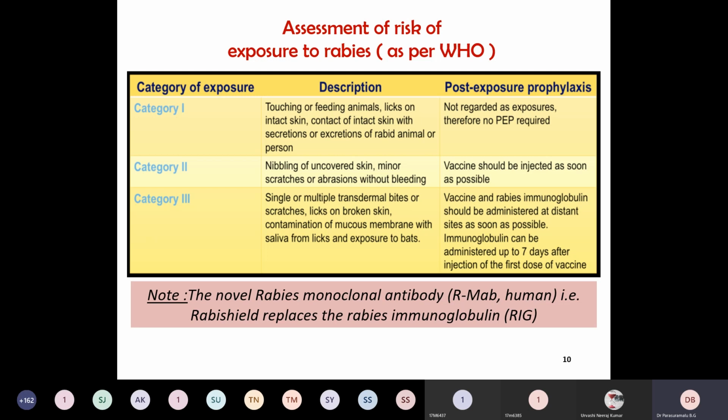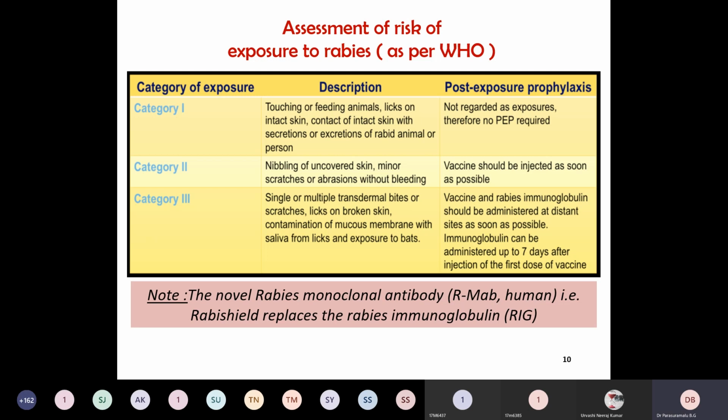It should never be given to the gluteal region. In case of children, it should be given to the anterolateral aspect of the thigh. Each vaccine should be given on day 0, 3, 7, 14 and day 28. The day on which you are administering the vaccine is considered day 0, not the day of the bite of the animal.